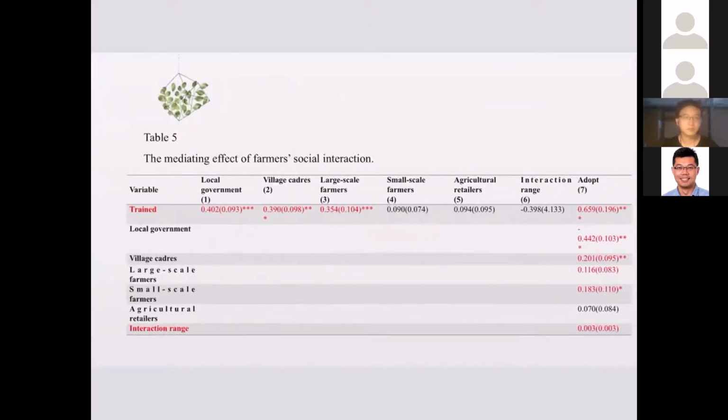Similarly, training can influence farmers' adoption decisions by increasing the frequency of their social interaction. However, we found the training cannot expand farmers' interaction range, and the range of interaction also has no influence on farmers' adoption decisions.